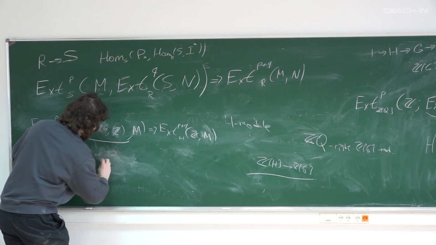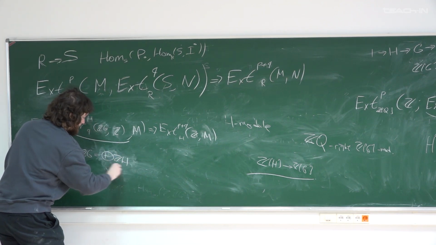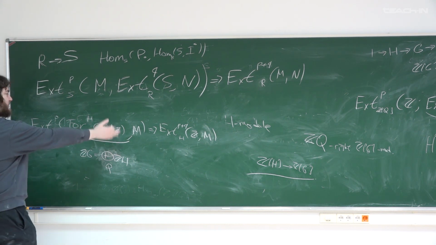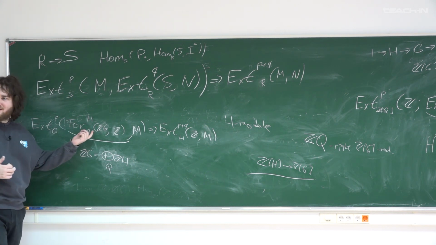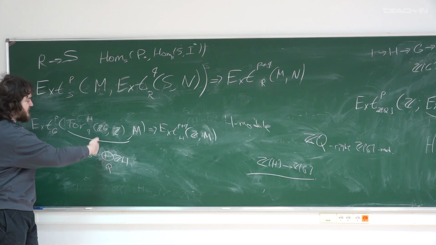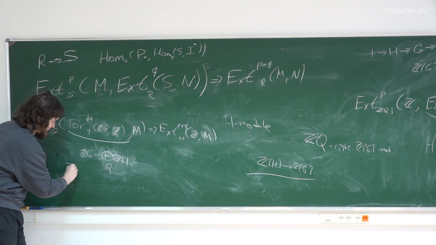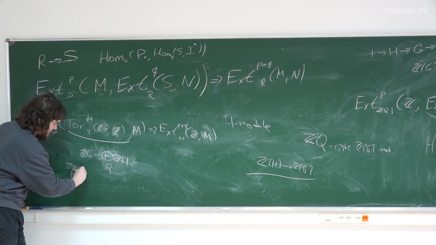Okay, then it's a free ZH module. So all these Tor are 0 except for degree 0, where the tensor product with Z over H of ZG is ZQ.